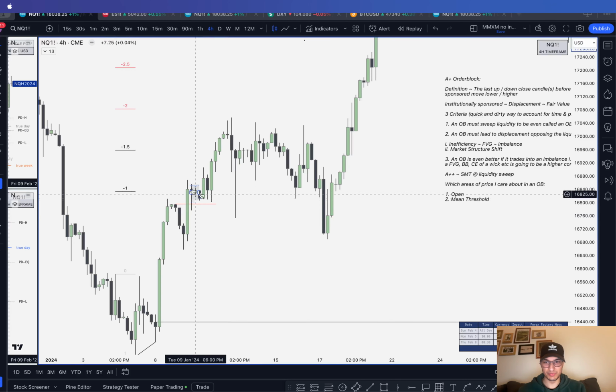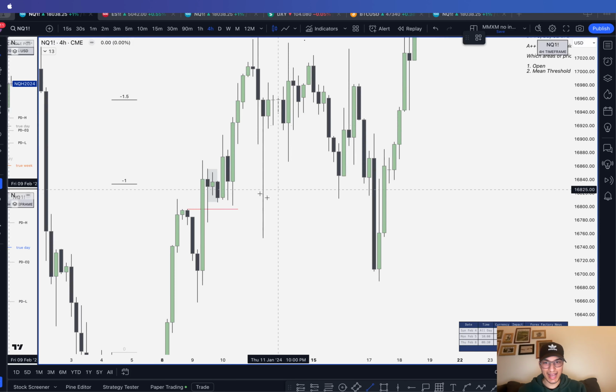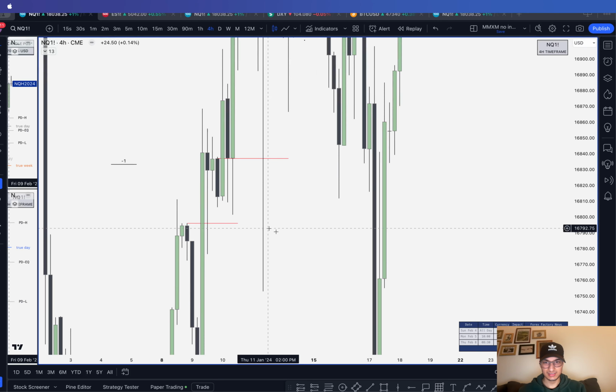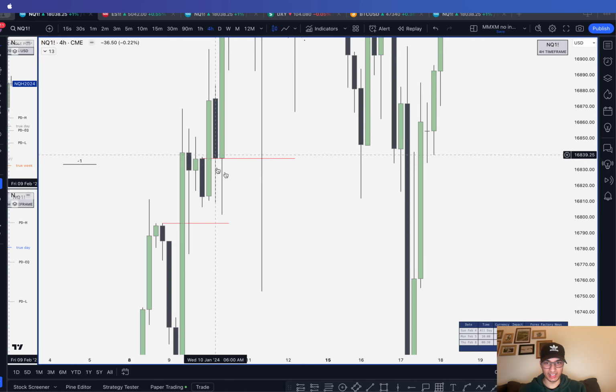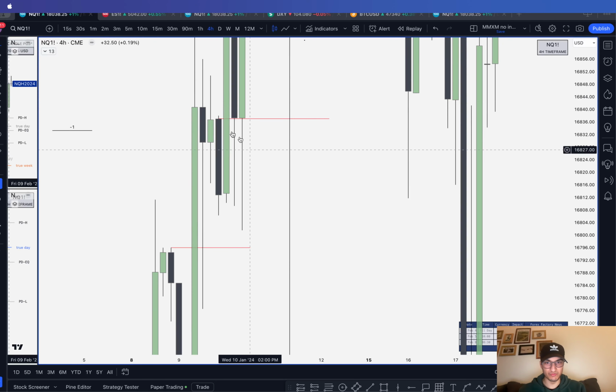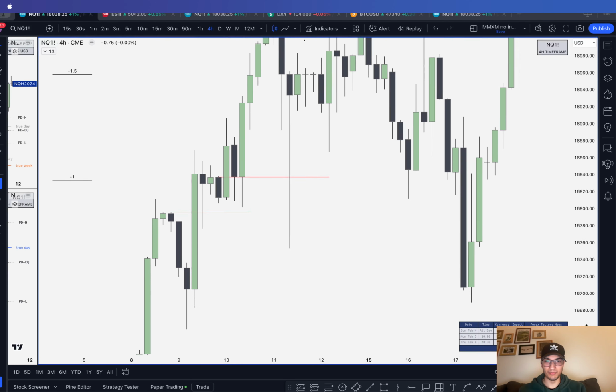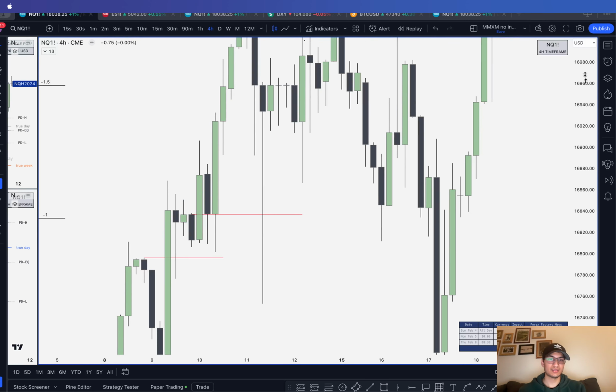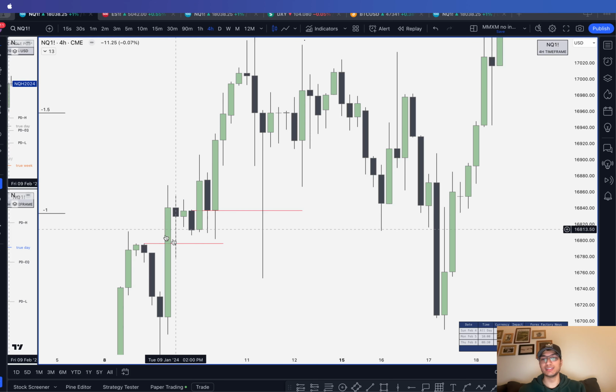Do you see that? Seriously, look at the body. Do you see the open of this candle? Yep. This is a 4-hour chart, guys. Look at the bodies holding on the 4-hour chart. It's not random. That's a propulsion block. An order block engaging what? An order block. Yeah, that's a propulsion block.